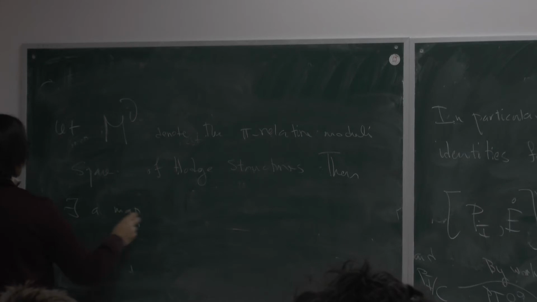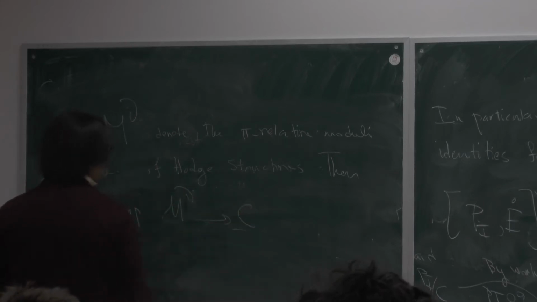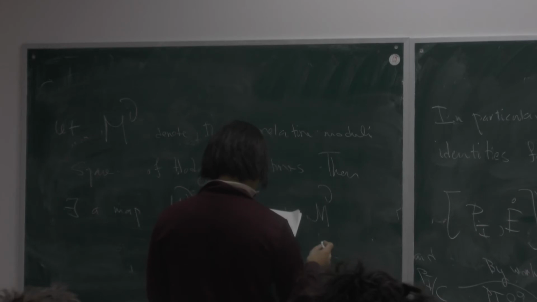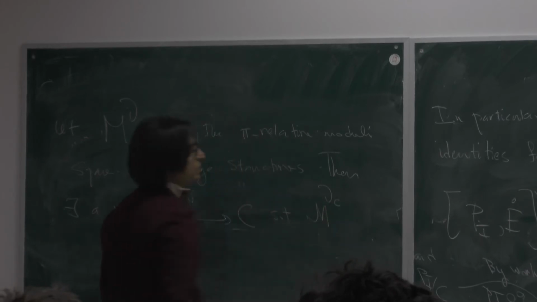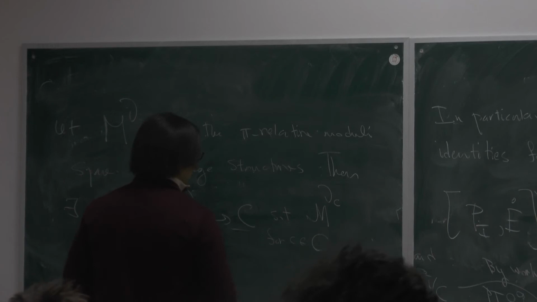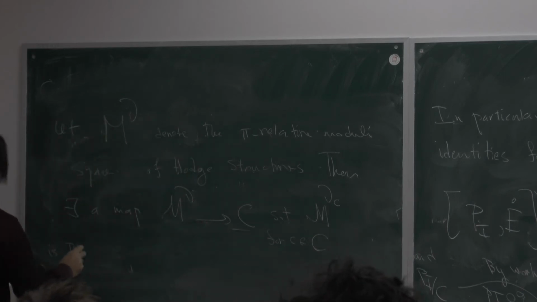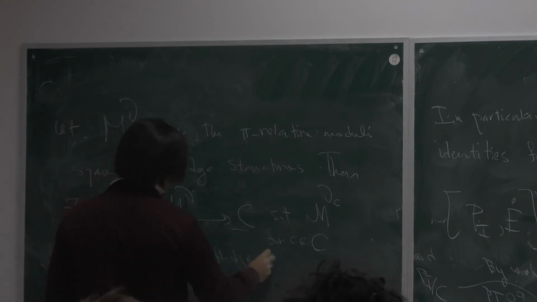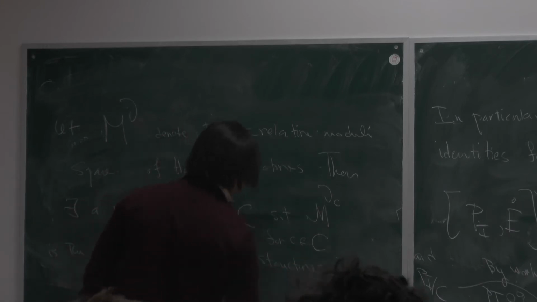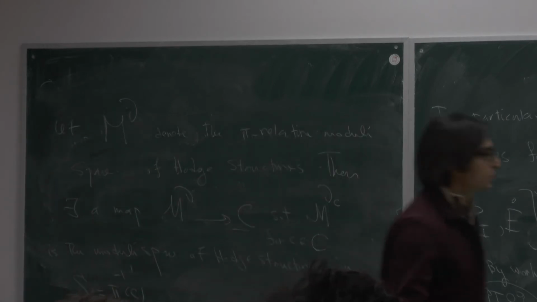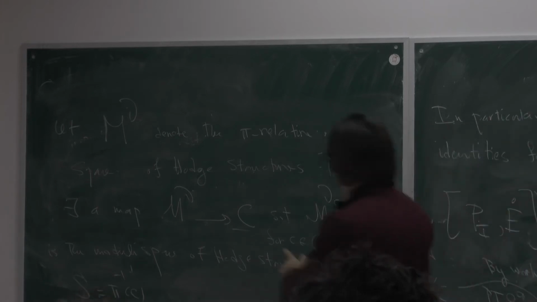Then there is a map from this M nu to C, obviously, such that for some point in the curve, the fiber M nu C is the moduli space of Hodge structures on S given by pi inverse of C. Not only do you have a map that way, you also have a section map from here to here.